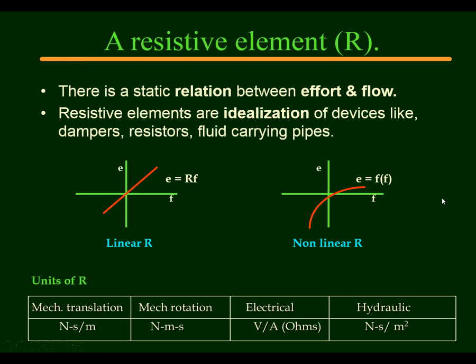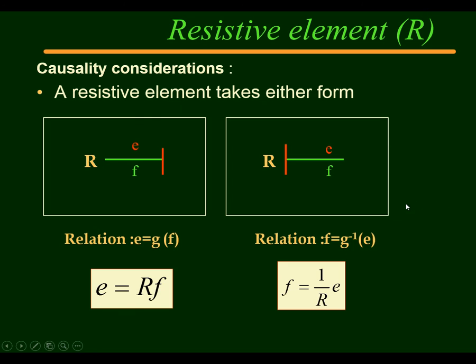On the R element, for example, you have a constitutive equation that says that the effort is equal to R times the flow. But in order to make some sense of this, I would say, for example, on a resistor, you have this voltage across the resistor.